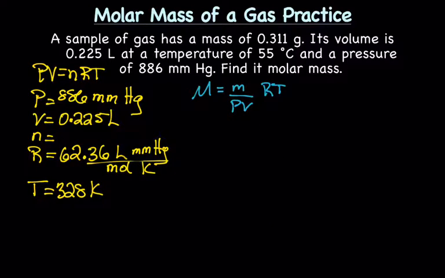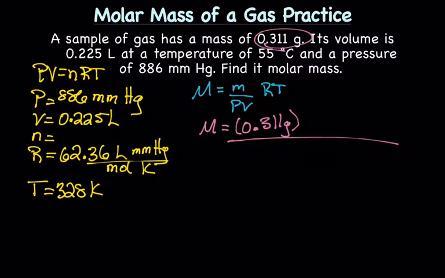All right, let's start plugging things in. We've got, again, molar mass equals mass, which is 0.311 grams, divided by pressure, which is 886 millimeters of mercury, times volume, which is 0.225 liters.